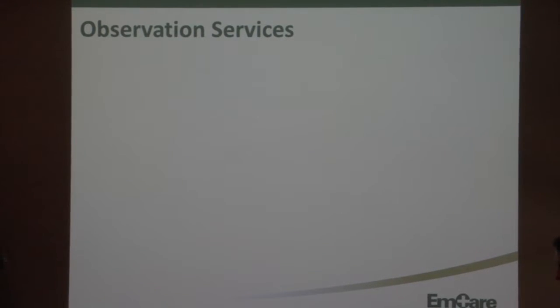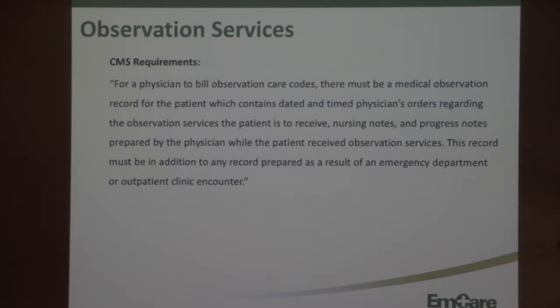Next slide. For a physician or provider to bill observation services, there must be an order for observation within the record. Sometimes this becomes confusing because if you look through the CPT guidelines, really there's only an order required for Medicare. But to be uniform and standard, many of our health systems will require an order for all payers.